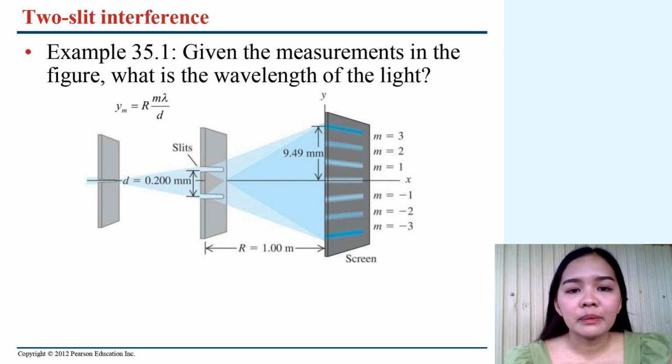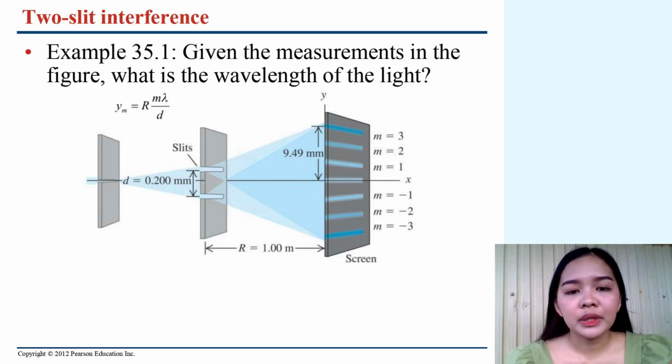So we want lambda, the wavelength. Here is the equation: y sub m equals r multiplied by m lambda over d. Simply rearrange this equation, and it turns out lambda equals y sub m times d over m times the radius.